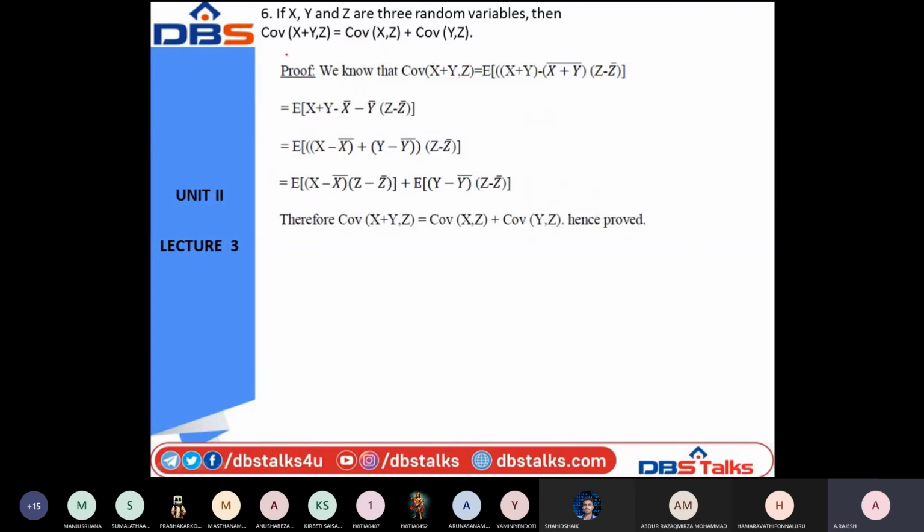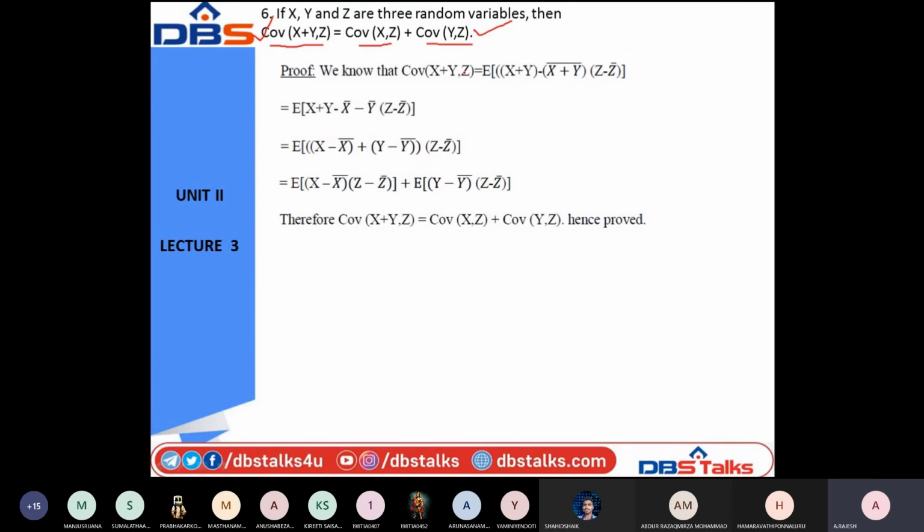Here, we need to find the covariance, so we need to show that the covariance of X plus Y comma Z is equal to the covariance of XZ plus the covariance of YZ. Taking the LHS, the covariance of X plus Y comma Z is equal to E of X plus Y minus (X plus Y) whole complement into Z minus Z complement.